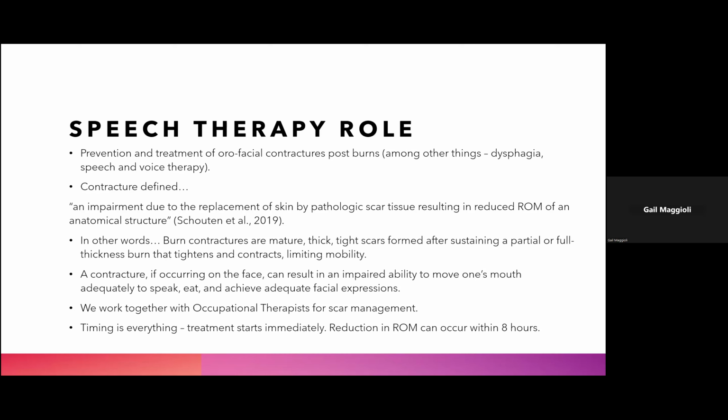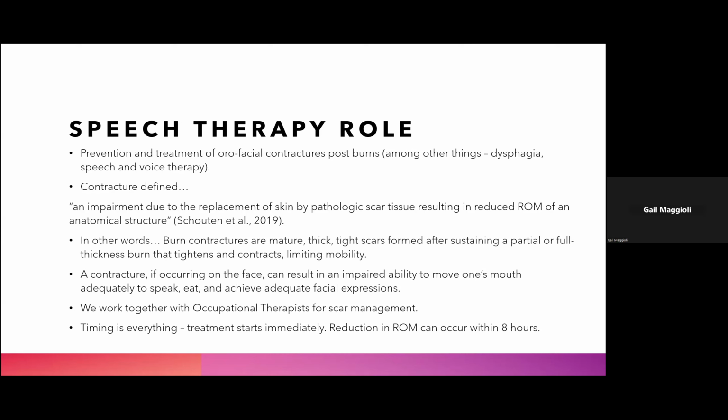During the time at the burns unit, I worked very closely with an occupational therapist who was involved in doing scar management. So the OT would often do the scar management in other areas of the body, maybe joints and things like that. And I did a lot of the scar management for the face. And I think what's very important is that timing is everything.